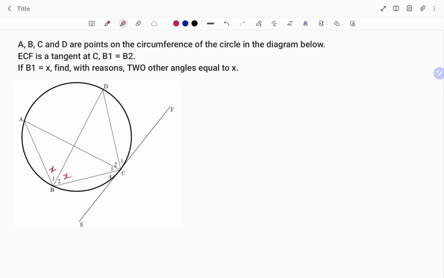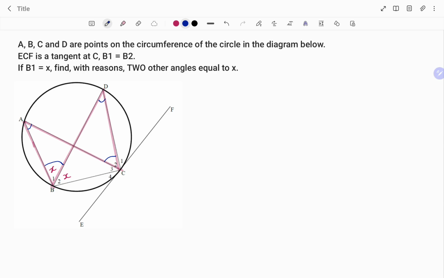I can see my bow tie, that's line AB. I'm just highlighting the lines as shown. So therefore, using the circle theorem that states that angles in the same segment are equal, the angle at A is equal to the angle at D. Also, the angle at B1 is equal to the angle at C2.